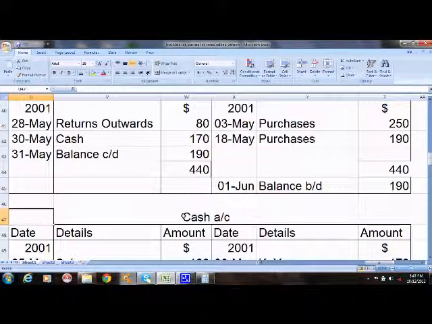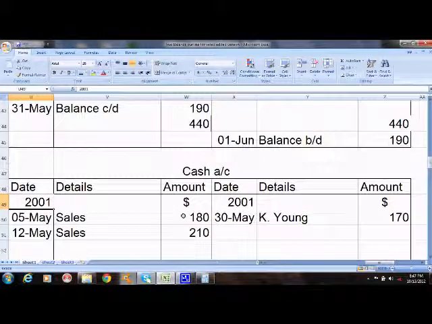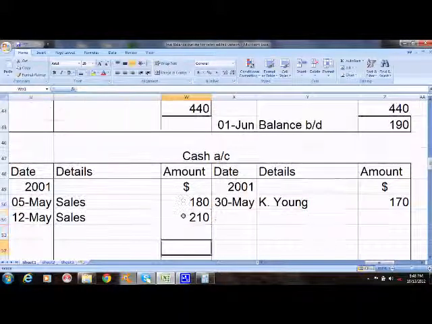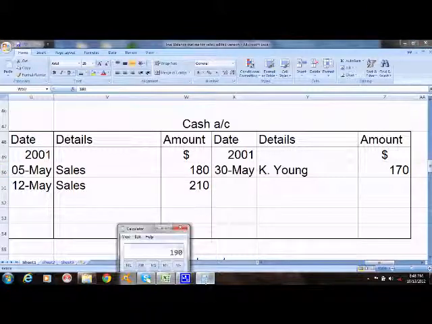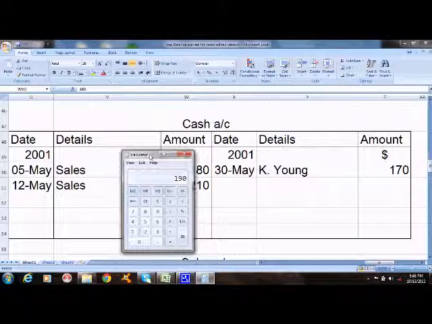Right. Next thing we have is the cash account. So the cash account normally has a what kind of balance? It's a debit balance. And this is clearly shown because if I add 210 plus 180, you get what? 390. The debit side total is 390 and the credit side is 170. So 170 from 390 leaves you with what? 390 minus 170 equal to 220.